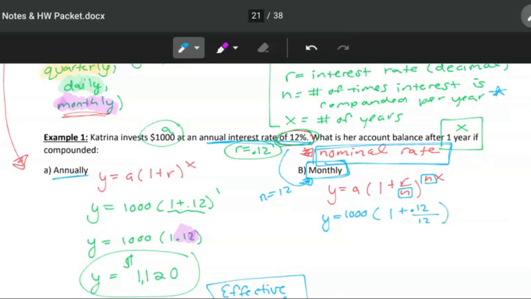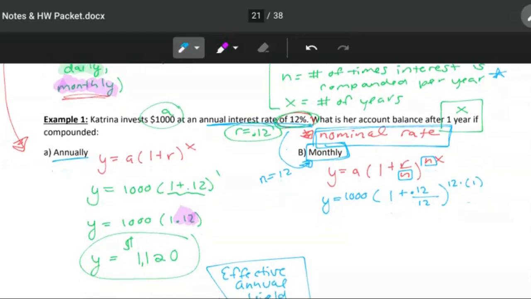So divide by 12, and raise it to the 12 times x power. We said x is 1. So let's just try to clean this up. We've got 1,000 times, I would put all this in your calculator at once.